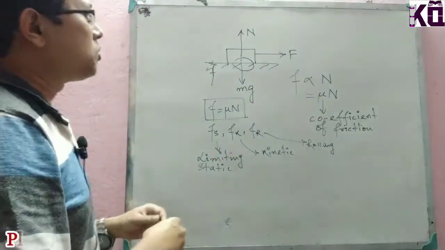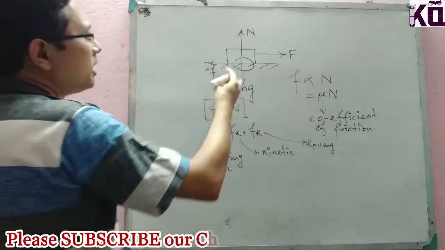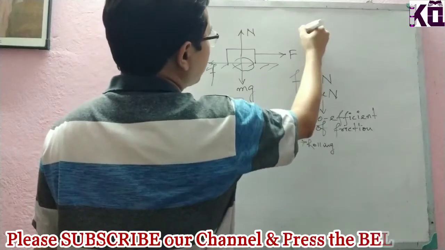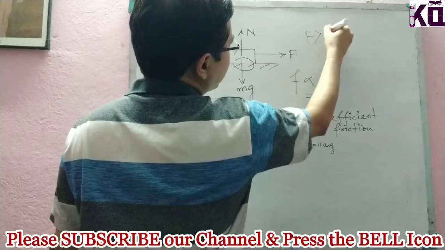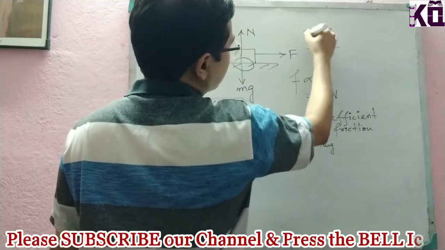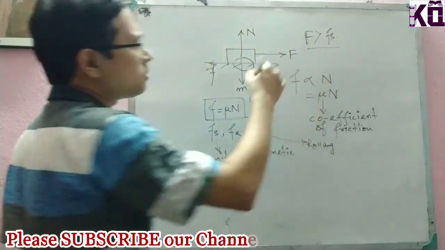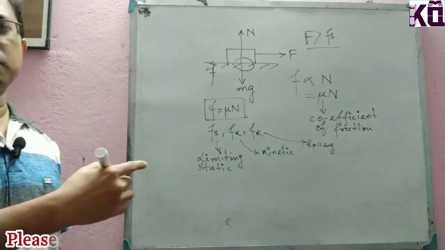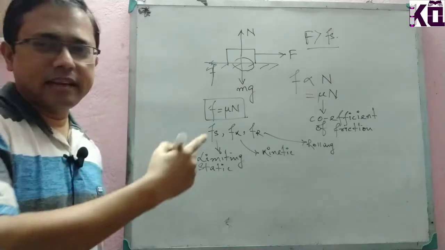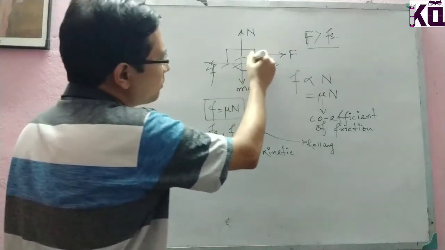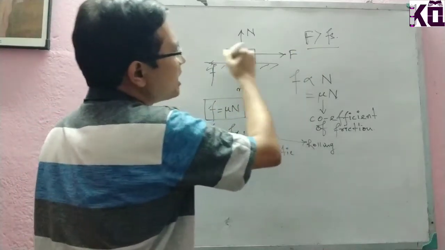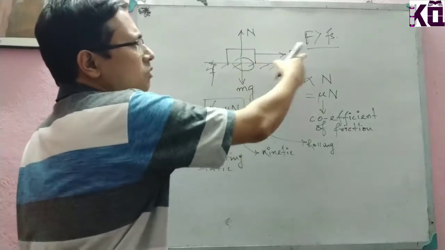Okay, so we can say if this F is greater than Fs, if the amount of force we are providing on the body is more than the limiting static friction, then what happens? Then the body will now move in the direction of the force applied.